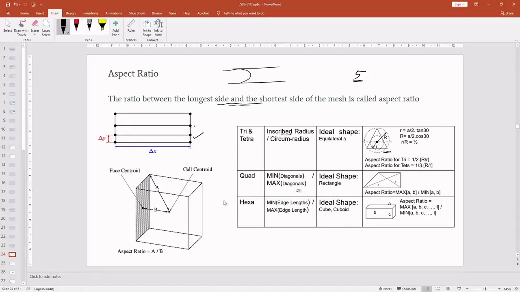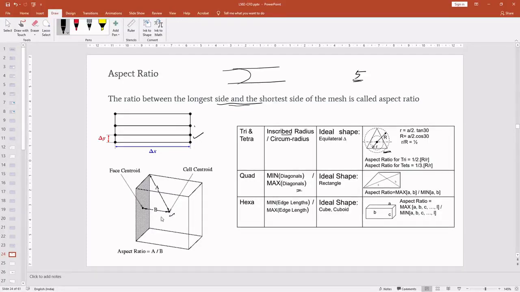But more of a thing for CFD calculations, most of the metrics we will be following is this one. Because for the control volume, finite volume method, we will be mostly concerned with discretizing with respect to cell centroids.